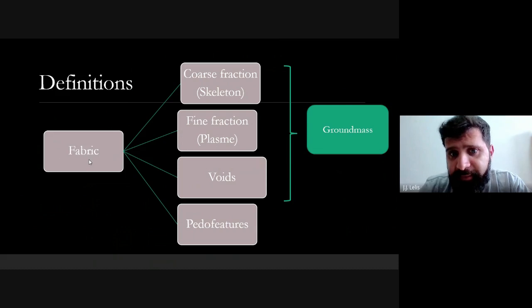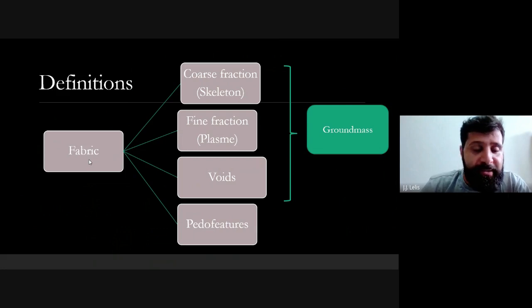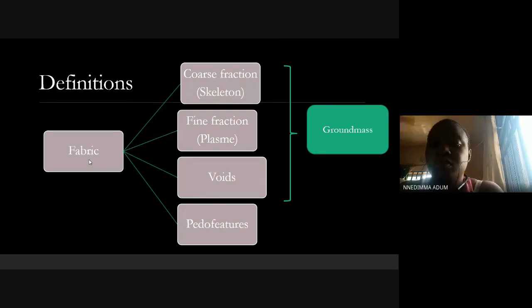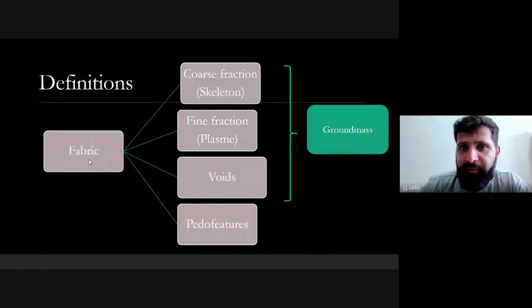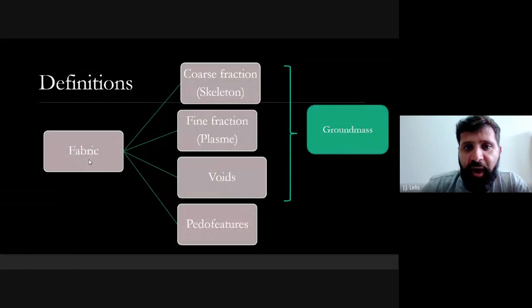In the past, the fine fraction was called plasma. We also have those spaces that we call voids. The voids are those spaces between peds, between coarse grains, between fine grains.